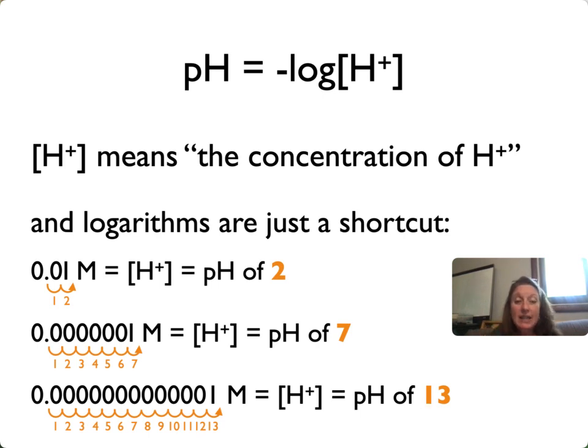Now, if you look at this, this is the most concentrated solution, but it has the lowest number. This is the least concentrated solution, but it has the highest number. This can be a little confusing when you're going back and forth between talking about the concentration of protons and the pH.